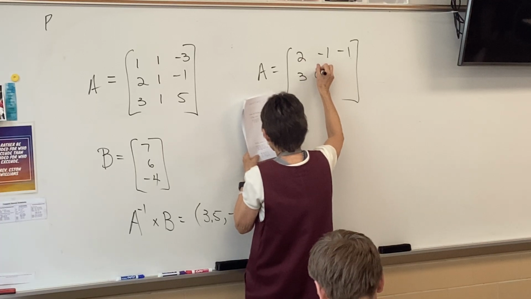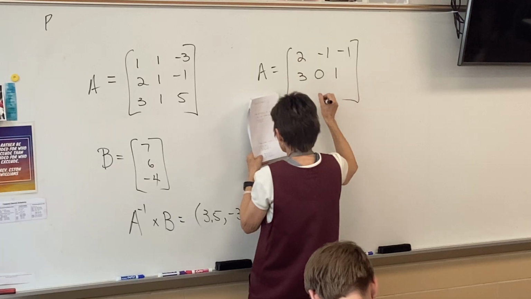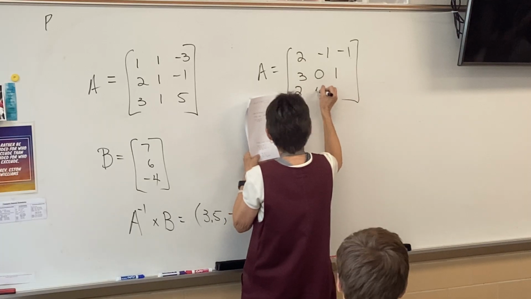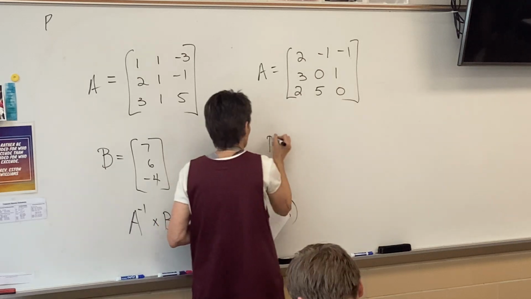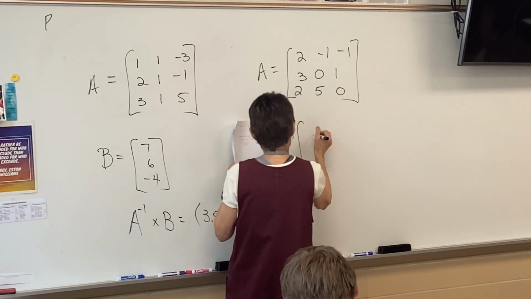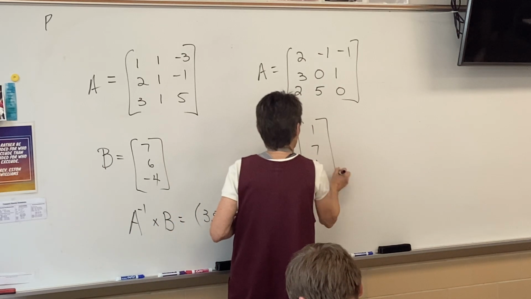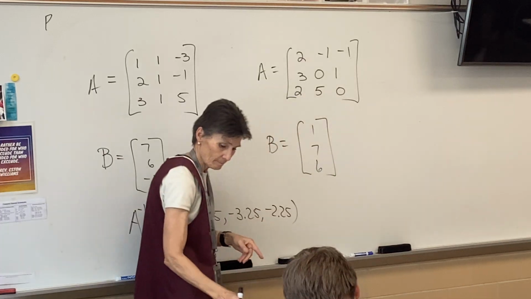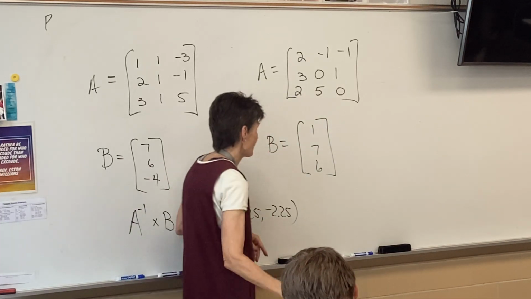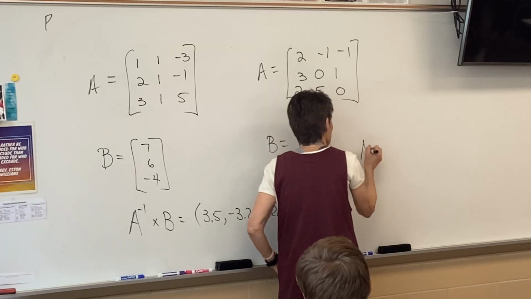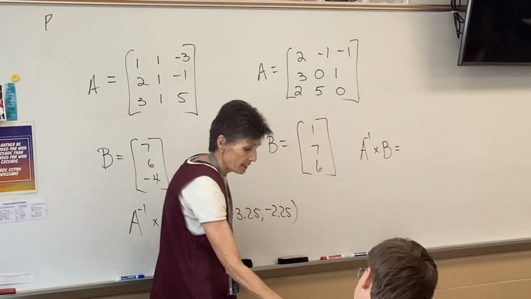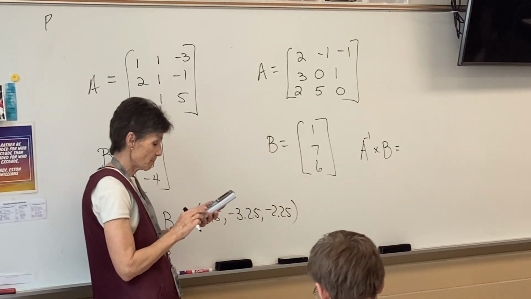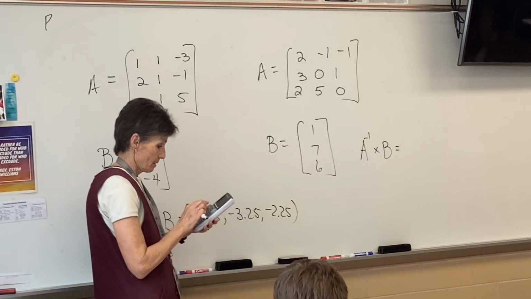It goes 3 zeros. Yeah, we're going to have some zeros in this one. 5, 0. We're lazy. Smart cookie. Remember, when you're using the inverse method, you are multiplying A inverse times B.